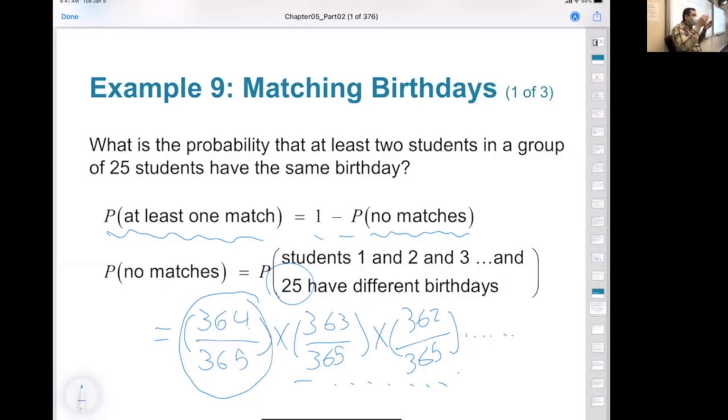If these two students have the same birthday, then the remaining are not, right? So we have 364. Do you see what I mean? This is the probability that 364 days will not match the same birthday for two students.